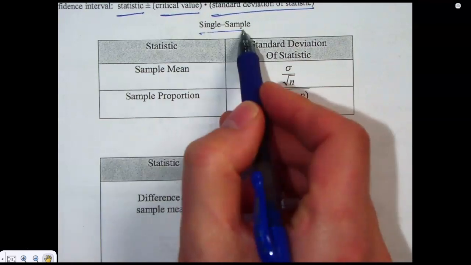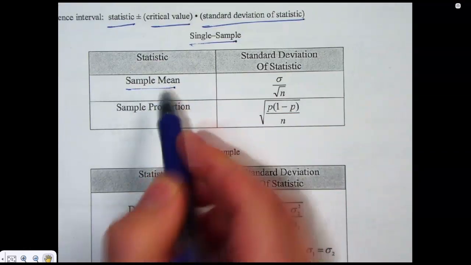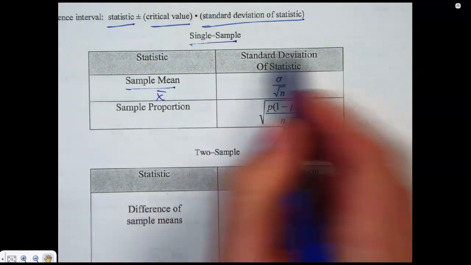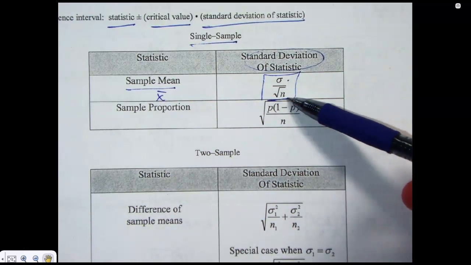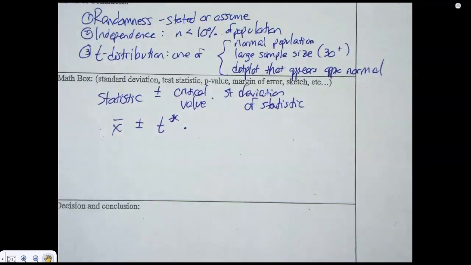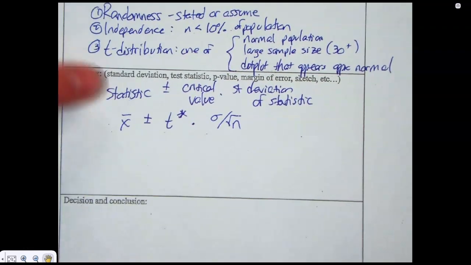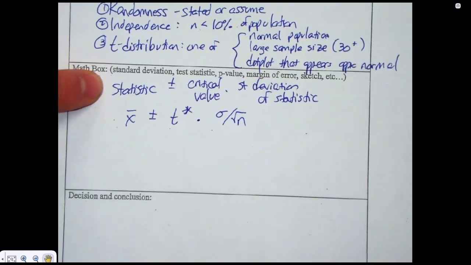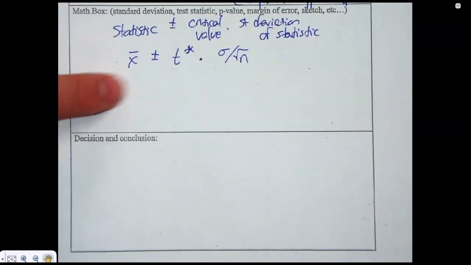Single sample: we have one sample, dealing with a sample mean, which is our x bar. The standard deviation of a sample mean, if you remember from before, is the standard deviation divided by the square root of n. Remember working with that? So this is your formula in words. This is your formula in symbols. We're going to put the formula in numbers.